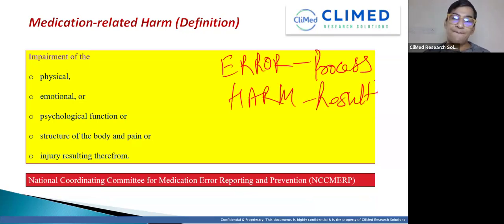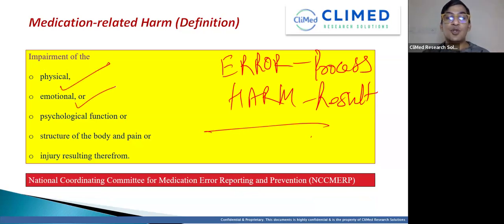Remember this. So if an error is happening and reaching the patient, it will cause harm, whether that is physical, emotional, or psychological function deterioration. It may happen because of multiple drugs, right? Emotional damage can happen because of the drugs, and the structure of the body or the pain can get affected.